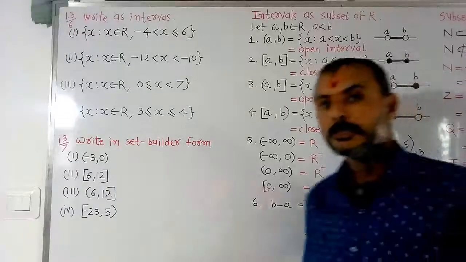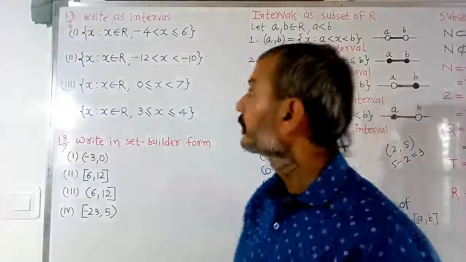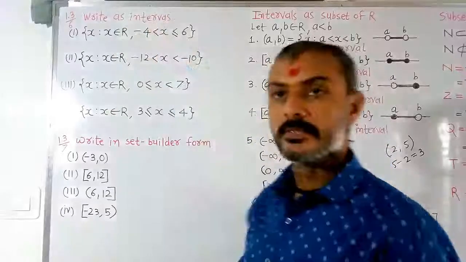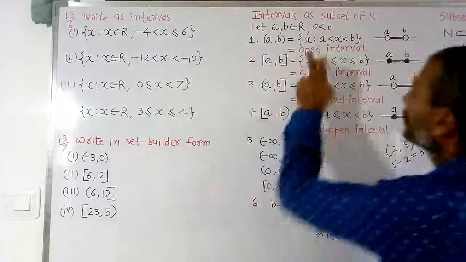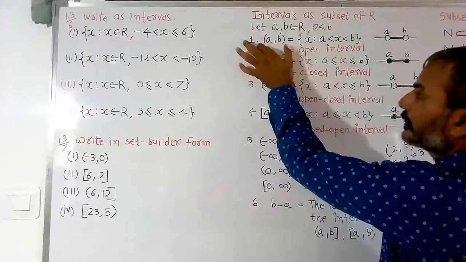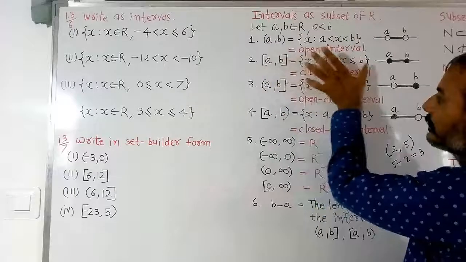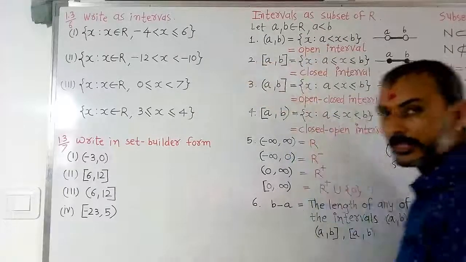Now, question number 6 of 1.3. Write the following as intervals. The questions are given in set builder form. As we noted here, this is interval form, this is set builder form. We write the relation between interval form and set builder form.